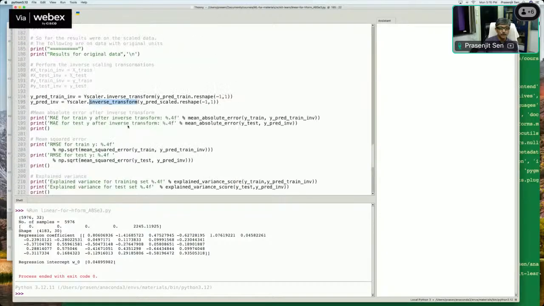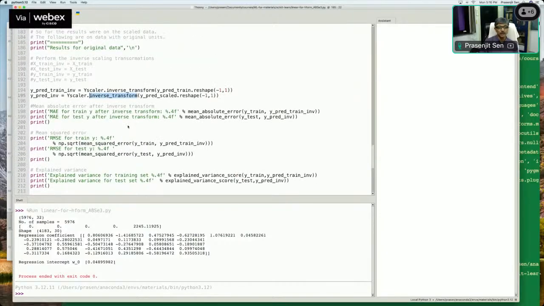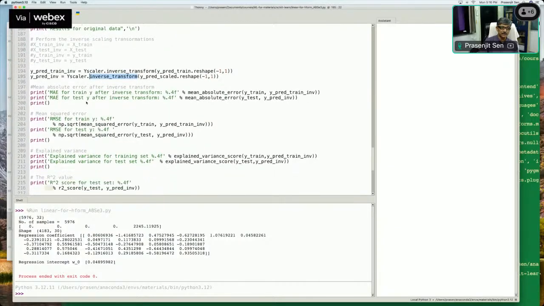If I want to calculate the test set errors in the original data, I just need to inverse transform the predicted y; the actual test y I already have.